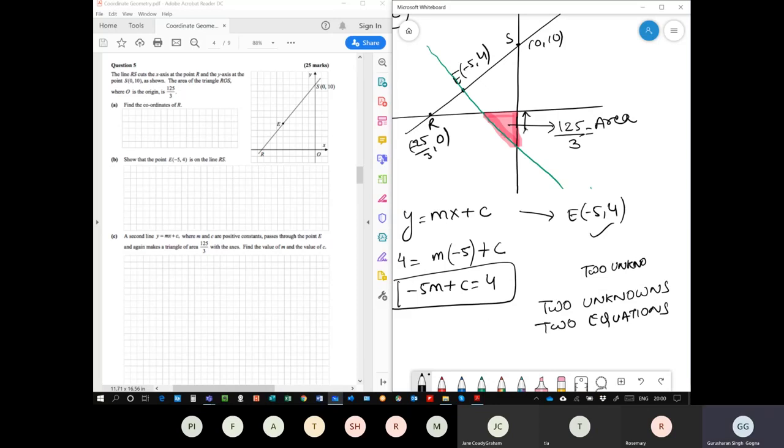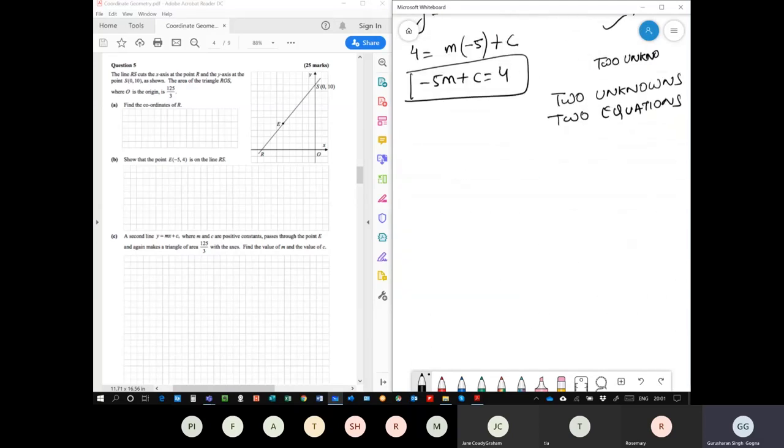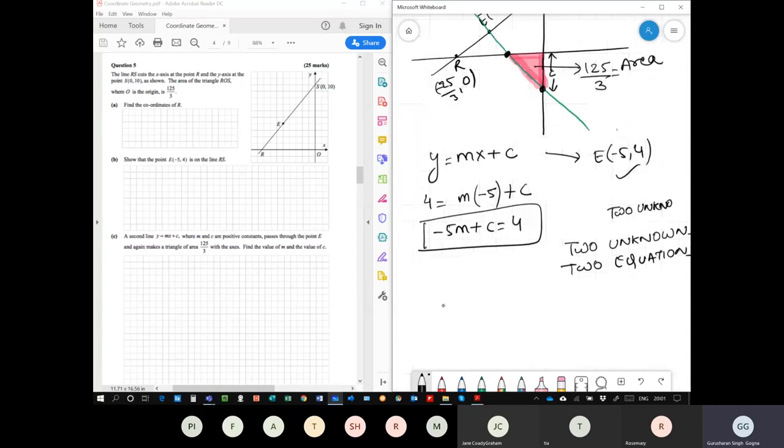Okay, so you already know that c is the y-intercept, which is this, isn't it? So let's call this c, and what's this point and what's this point? So how will you get it? So area is 125 over 3 equals half, base we don't know, and let's keep c as it is.